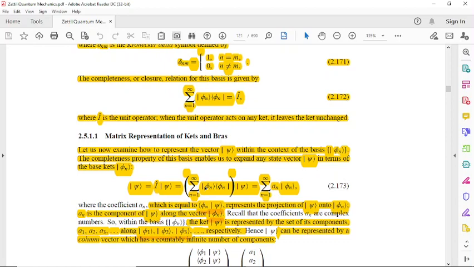So now we are able to expand the state vector in terms of basis vectors.